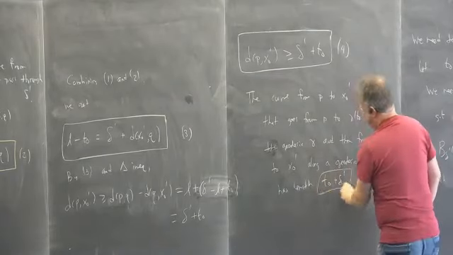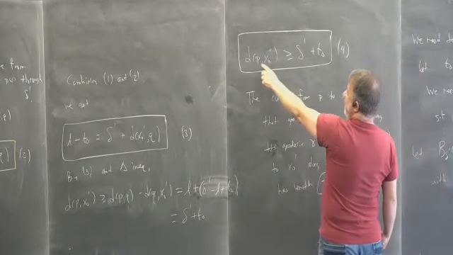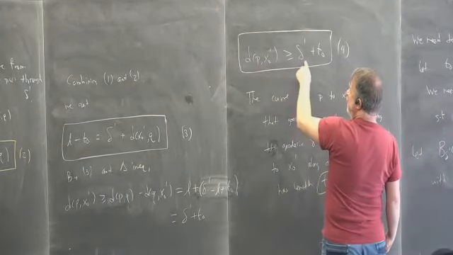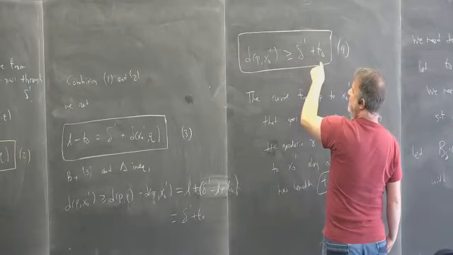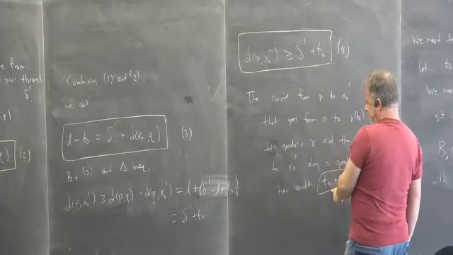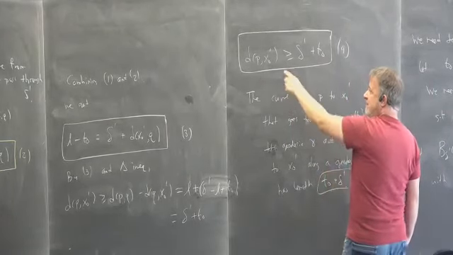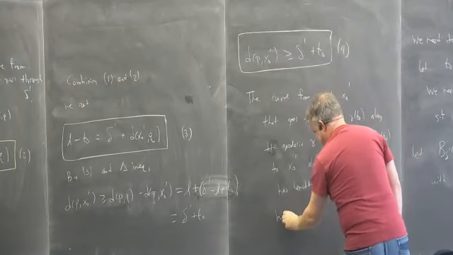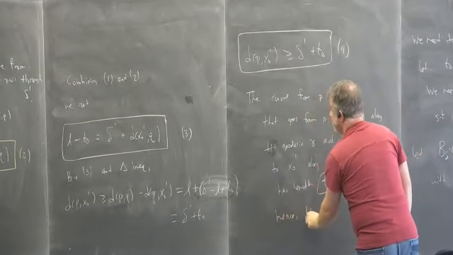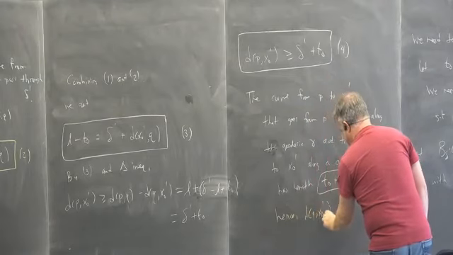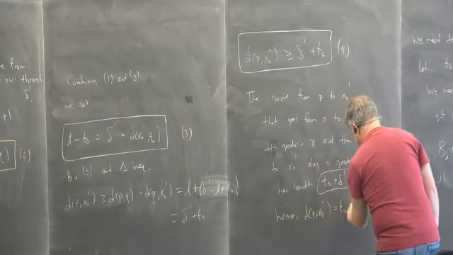And what we showed is that the distance is at least delta prime plus T naught. But now I found a curve with exactly this length. That means the distance is that. So hence, the distance from P to X naught prime is exactly T naught plus delta prime.